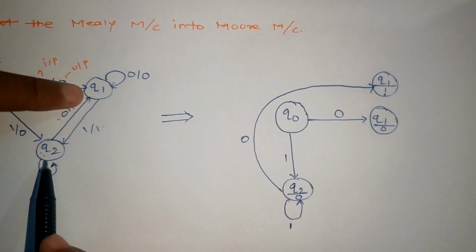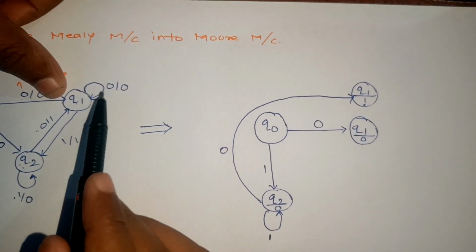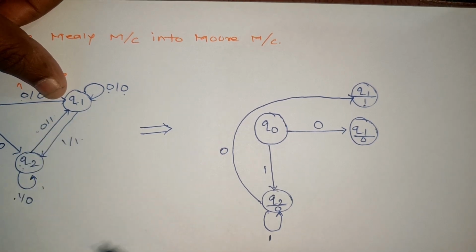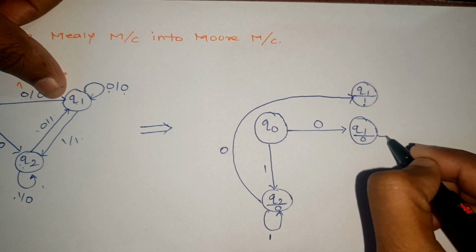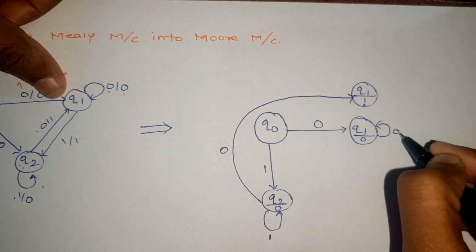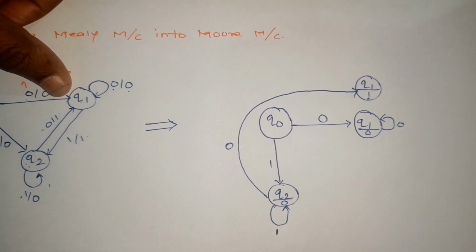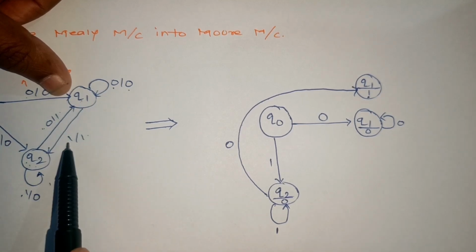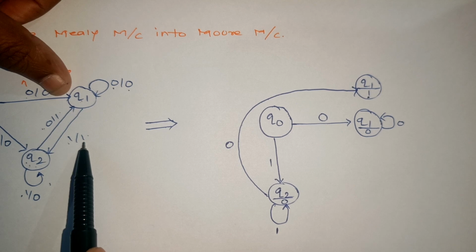Now we'll go for Q1. If you see Q1 when the input is 0, output 0 and next state is Q1. So Q1's next state will be Q1 with input 0, output is 0. Similarly, Q1's next state is Q2 with input 1. लेकिन यहाँ पर आउटपुट चाहिए 1.